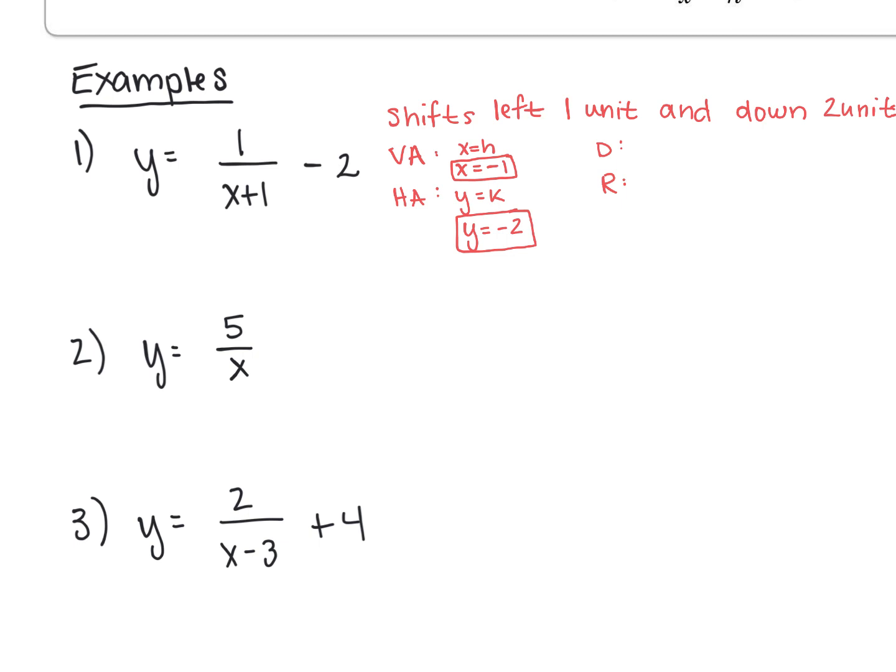Now our domain is going to be all real numbers except, and before it was except where x equals 0, but here it changes to x cannot equal -1. So notice it's that value for h, just like the vertical asymptote. Now the range is going to have a new restriction too, all real numbers except y cannot equal, what do you think that value is? -2, exactly.